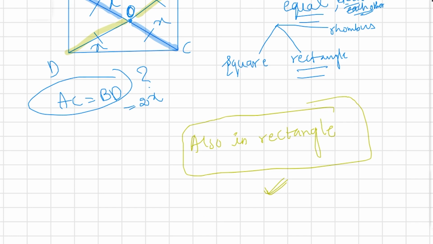So what is the difference between rhombus and a square? Square has all 90 degrees angles, while rhombus may not.